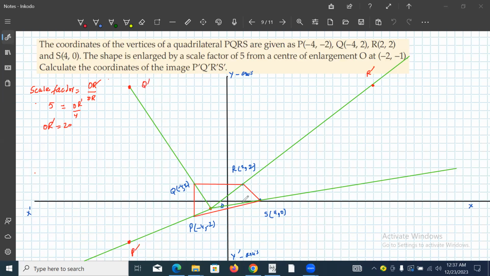And lastly, we have one more point, O to S, and how many boxes does it have? 1, 2, 3, 4, 5, 6. 6 multiplied by 5 is 30. It's big, yes. Anyway, we will try.